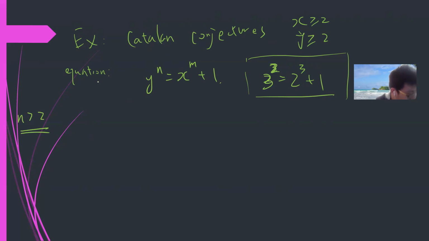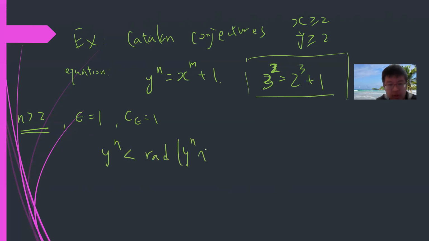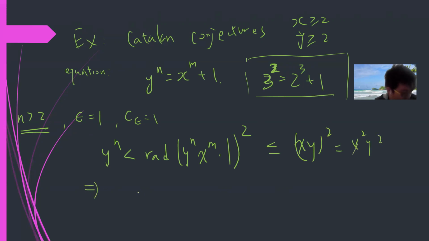Imagine that epsilon equals 1 and the c epsilon equals 0. So I can get the radical of y to the n, x to the m and 1, which is at most x y squared. So basically it's x squared, y squared. Which says what?